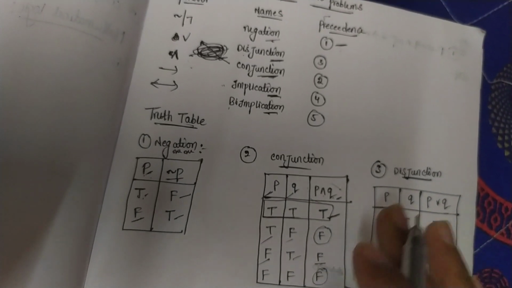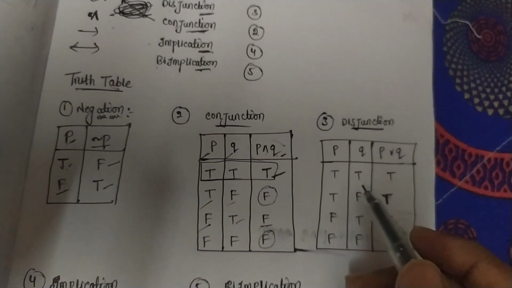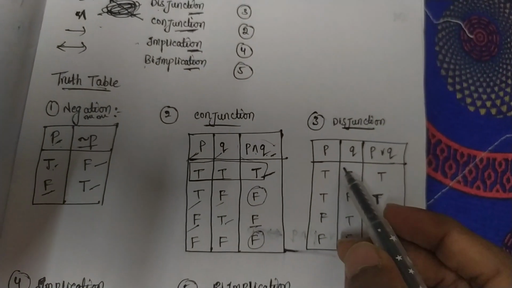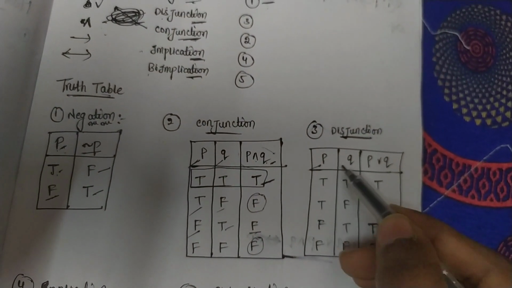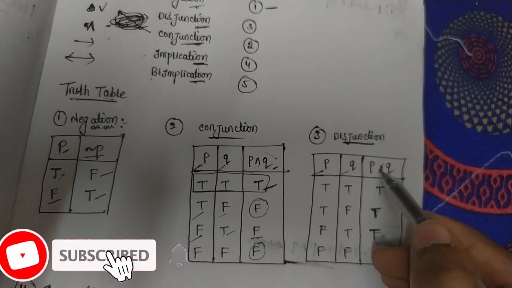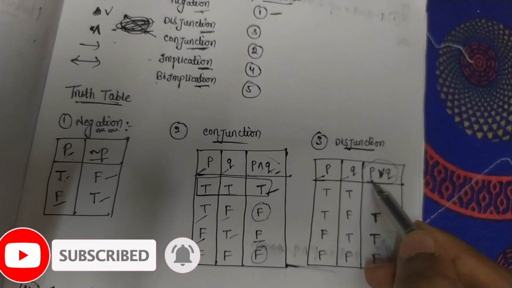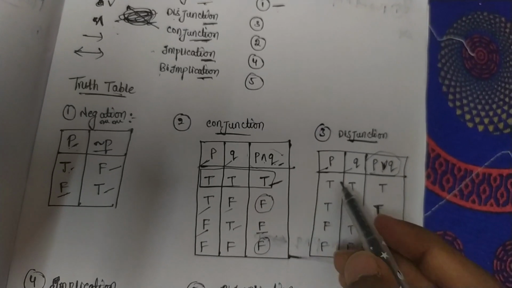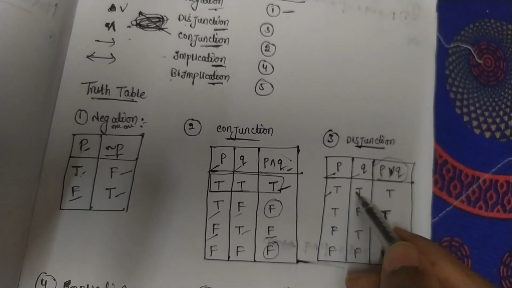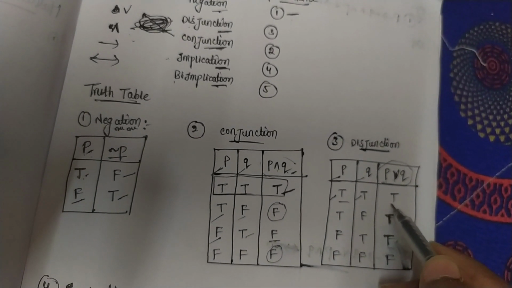Remaining all are false. Coming to the disjunction, taking P and Q statements and applying the disjunction connective, we get the compound statement P or Q. If the P statement and Q statement are both true, then the whole statement is true.